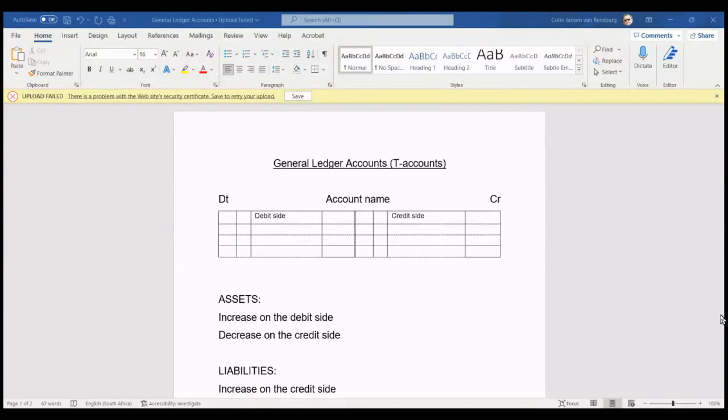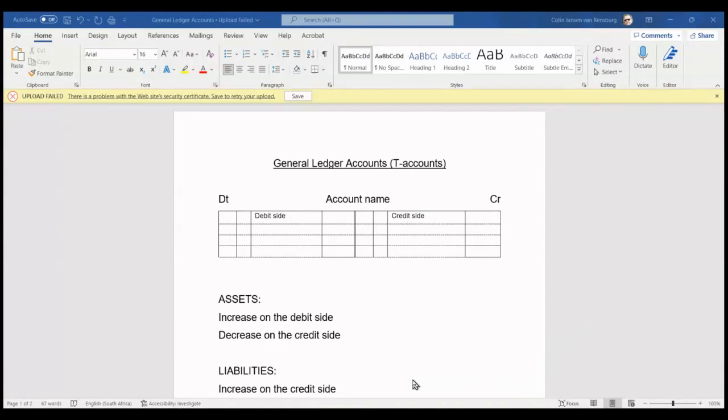Are there questions, or can we proceed with the accounting equation? No questions. Doesn't look like there are any questions. So you're all hopefully happy at this stage. Like I said, don't be shy. If there are questions, you are more than welcome to ask.